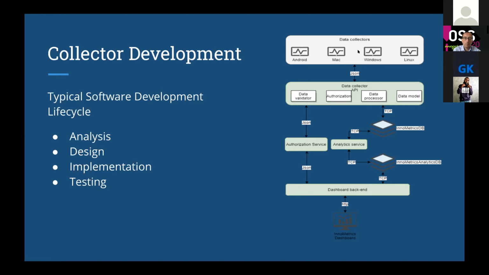That is, we have various collectors on Android, Mac, Windows, and Linux. Then we have their API. They actually communicate on the same API to talk to the back end and to store data for processing.